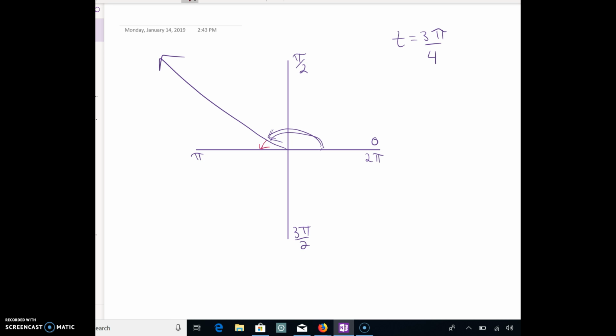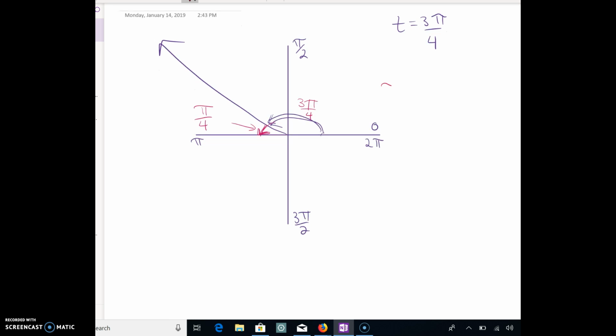Well, if I traveled over here 3/4 of a pi, we'll call it 3 pi over 4, and I want to get to 1 full pi, which is what this distance is over here, to the x-axis, hopefully you can see that we have a reference angle over here of pi over 4. So in regards to the second part of finding the exact value of all 6 trig functions, the reference angle is pi over 4.